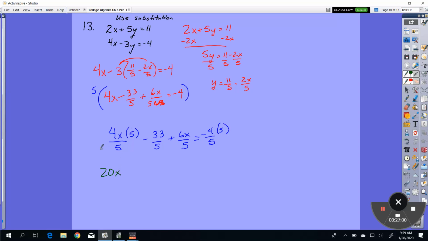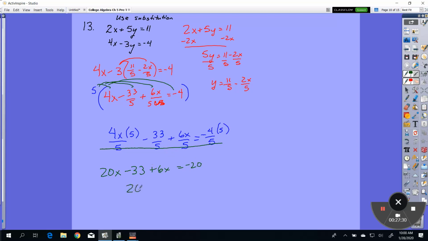So remember, once you get common denominators, you can just get rid of all the denominators. So 5 times 4 is 20x. 5 times 33 divided by 5, well, those 5's cancel off. Leave me with negative 33, which is the same as here. 5 divided by 5, those cancel off and leave me with 6x, which is what I have here. And negative 4 times 5 is negative 20, which is what I would have had up here if I'd have distributed that to there. So either way, you get the same answer. They're just different ways of going about it.